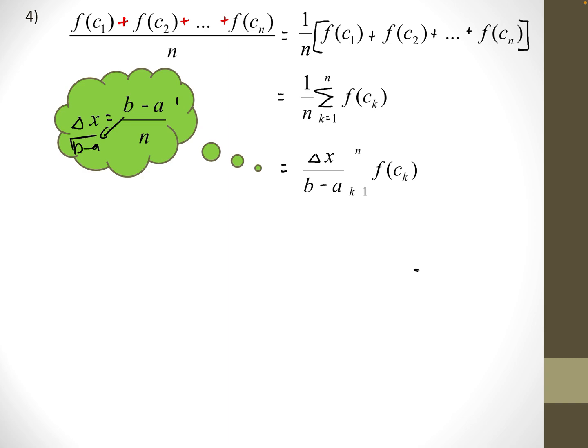So what we get here is then the sum that we were working on. We now can replace that 1 over n with delta x over b minus a, and we still have this Riemann sum in here, k equals 1 to n of f at ck. And then notice, here's the next line.